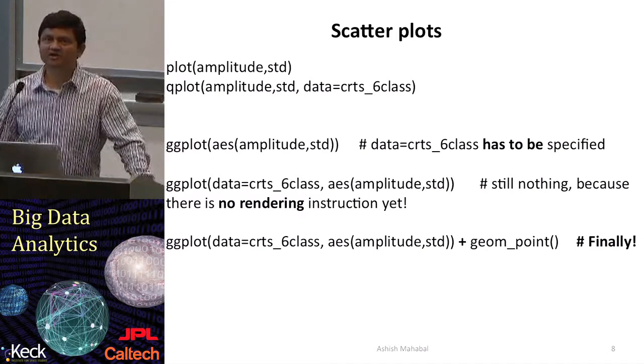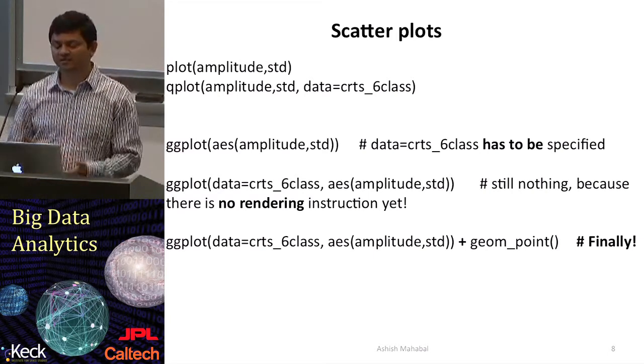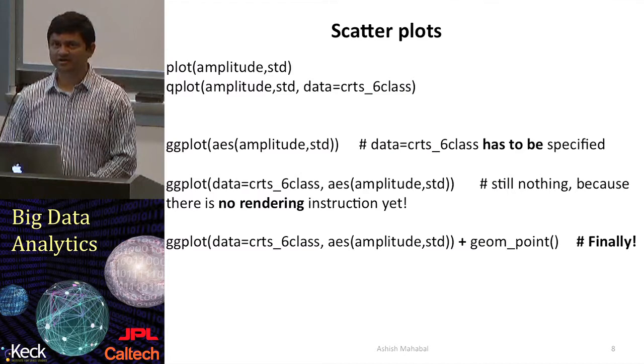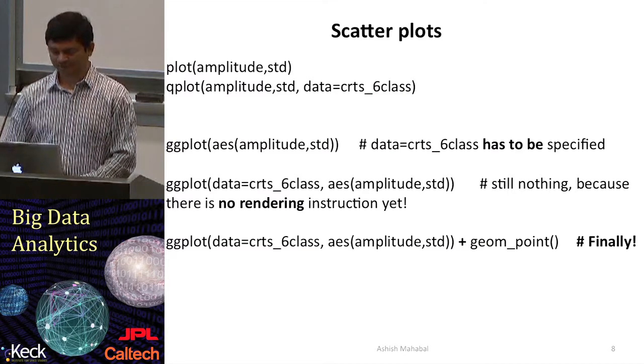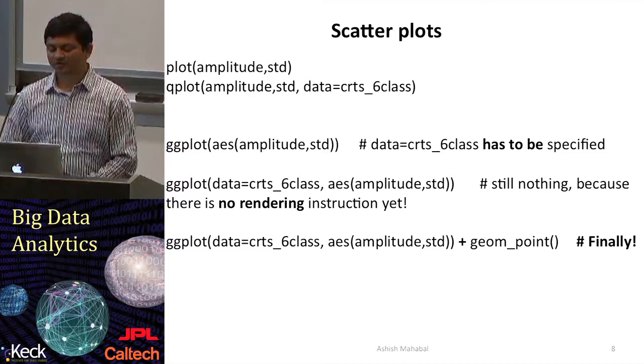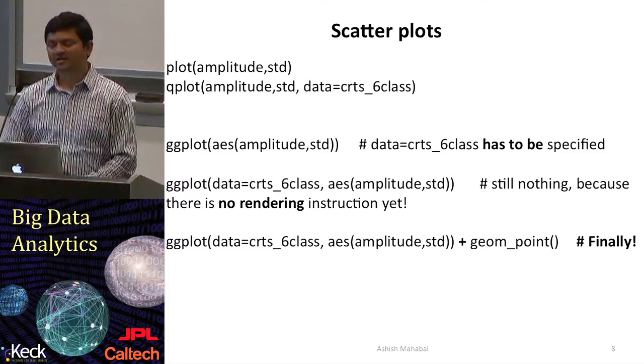Unlike qplot, it is not going to take it from an earlier invocation. So within the call, you have to give that. The first statement there is just going to return an error saying, I don't know what data you are talking about. So the next one says let's use data of that particular data frame, and then we provide amplitude and std as the aesthetics. Now it goes through, but it still doesn't do any plotting, because we didn't tell it to do so.